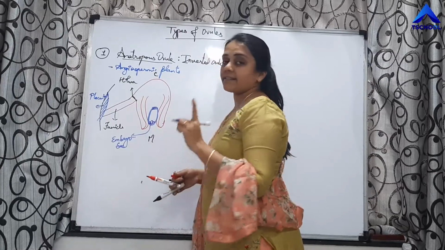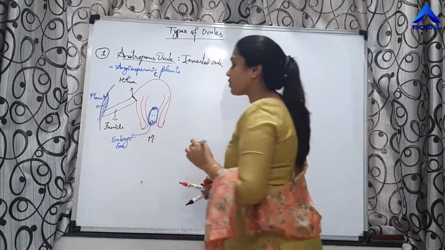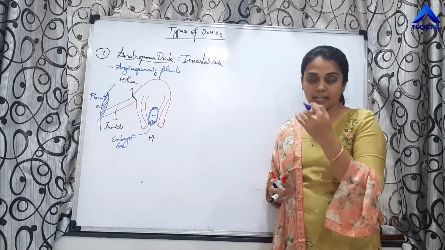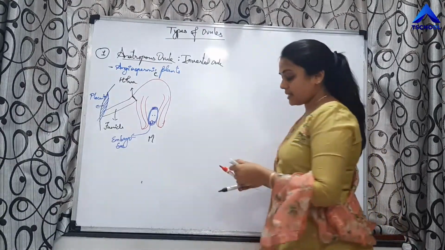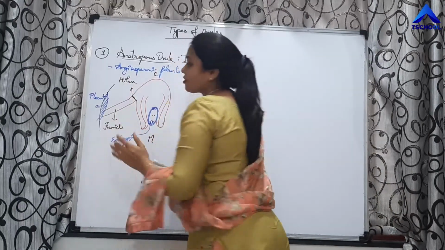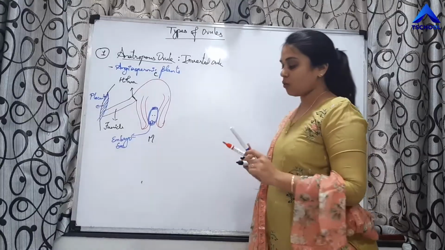So in total there are 7 cells and 8 nuclei, because there are 2 centrally placed nuclei which do not undergo cytokinesis. Those are called polar nuclei. So this is the first type of ovule, the structure of which we have already studied. It is an anatropous ovule.